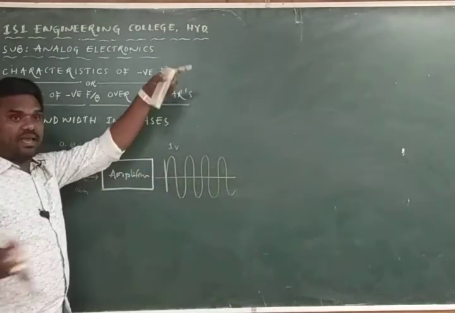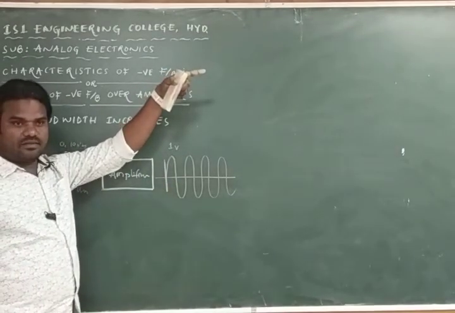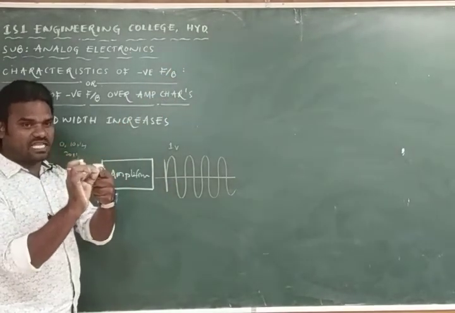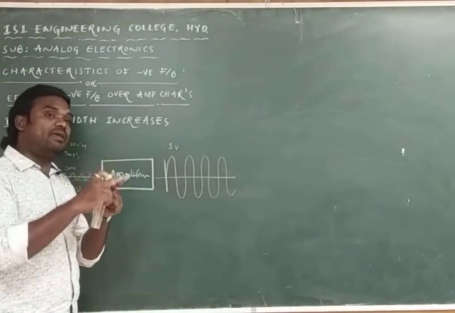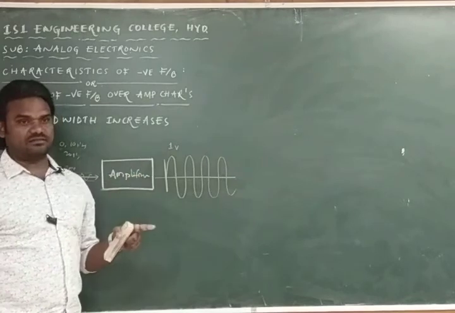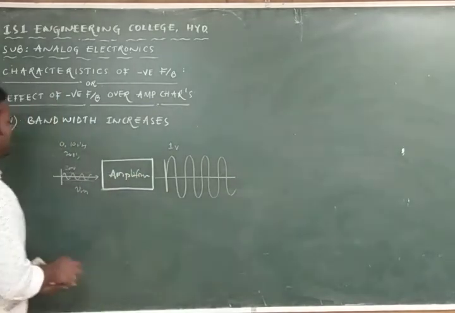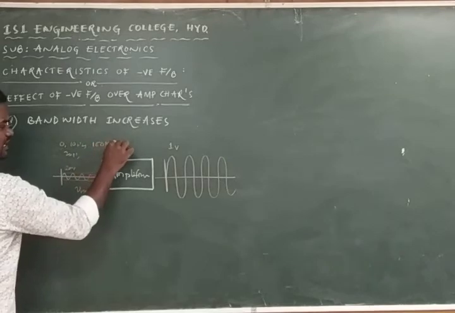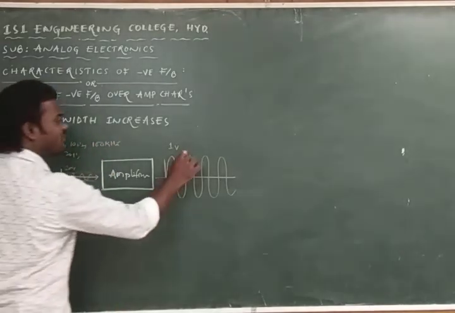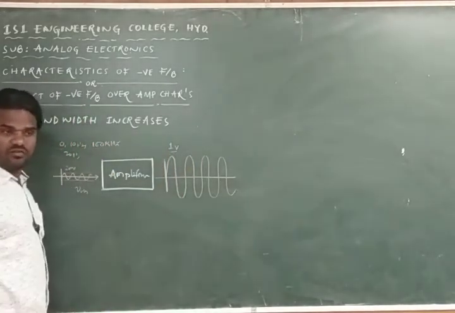Likewise, from one particular frequency onwards, the gain will be maximum, and that maximum will extend to some other frequency. For example, at 100 kilohertz it is providing the maximum gain of 1 volt.